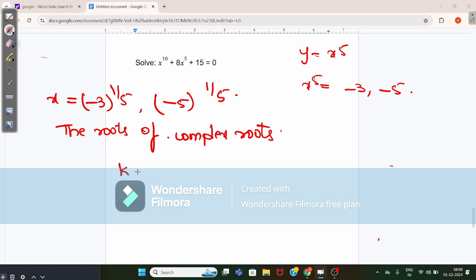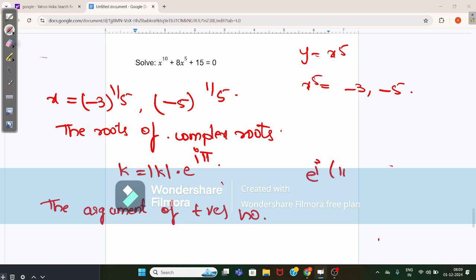k is equal to mod k into e power i pi. Then the argument of the negative number is e power i pi plus 2n pi by 5.